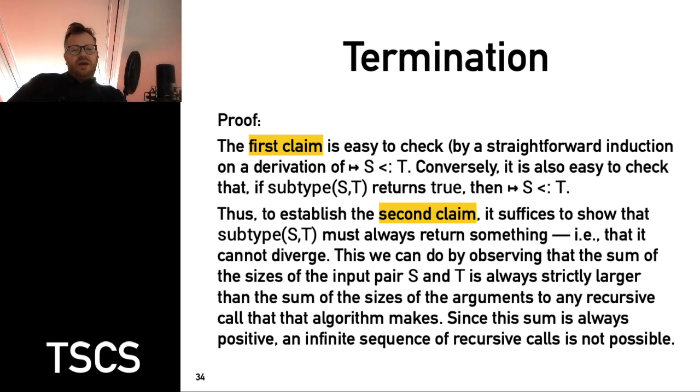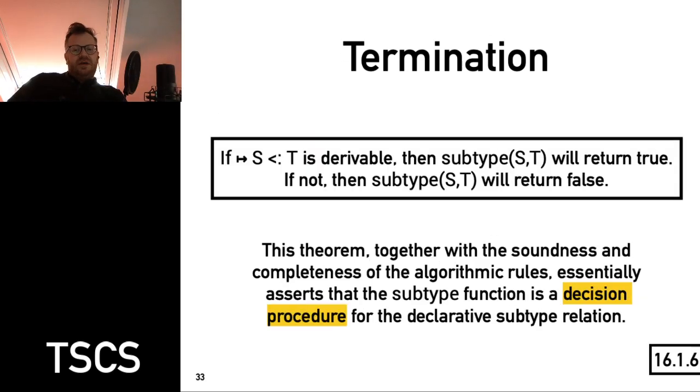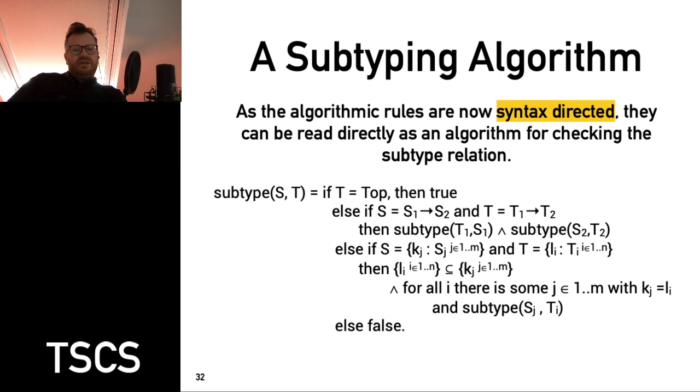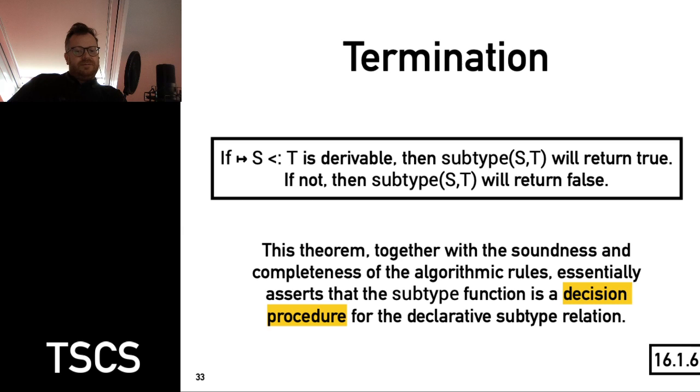You just look at the input sizes of the pairs. Look at this. You always get smaller types whenever you recurse into subtype. So the function type is deconstructed, the record type is deconstructed. So you should eventually terminate.